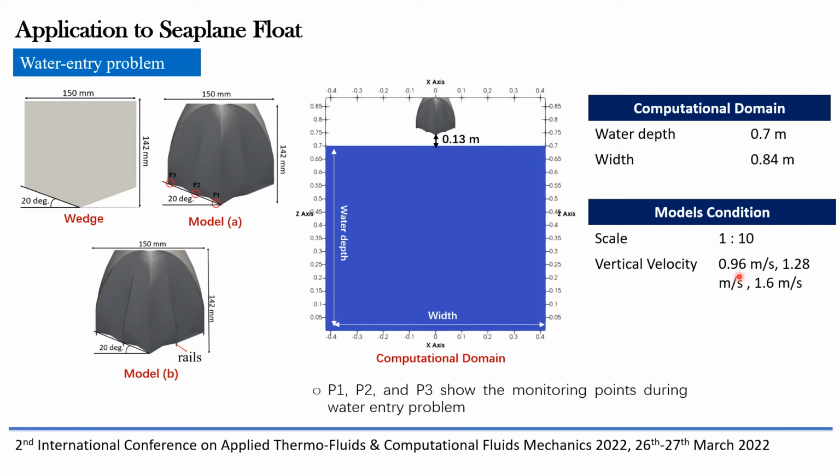The first one is 0.69 meter per second, 1.28 meter per second, and 1.6 meter per second, which is equal to 3.45 meter per second in actual scale model. And P1, P2, P3 here show the monitoring points during the water entry problem. So we analyze the pressure distribution and also the velocity field to calculate the potential energy and also the kinetic energy.